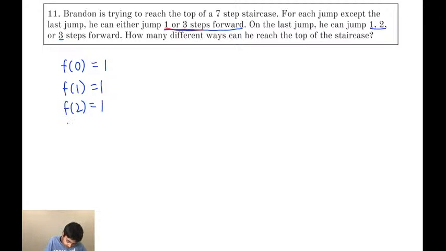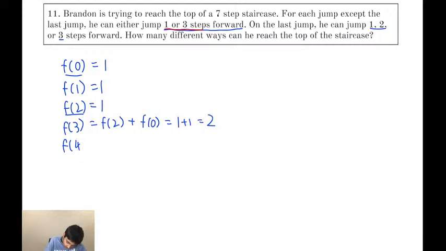But f of 3, here's where things get a little bit tricky. F of 3 will be f of 2 plus f of 0, because you can either take a 1 step or a 3 step. So f of 3 will be 1 plus 1, or 2. Let me just write that out to make it clear. So f of 3 will be f of 2 plus f of 0, equal to 1 plus 1, equal to 2.